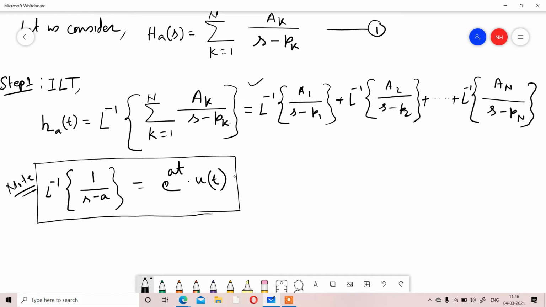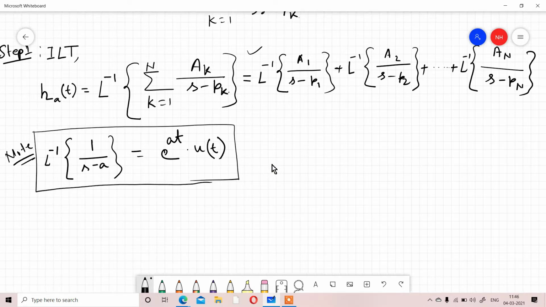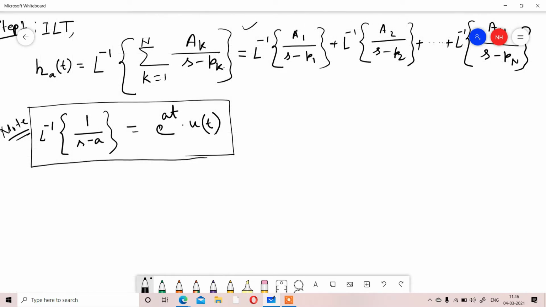If you use that formula, what we will get? h_a(t) will be defined as: a1 will be outside because a1 is a constant, so the inverse Laplace transform of 1 by (s minus p1) will be e to the power p1t u(t).